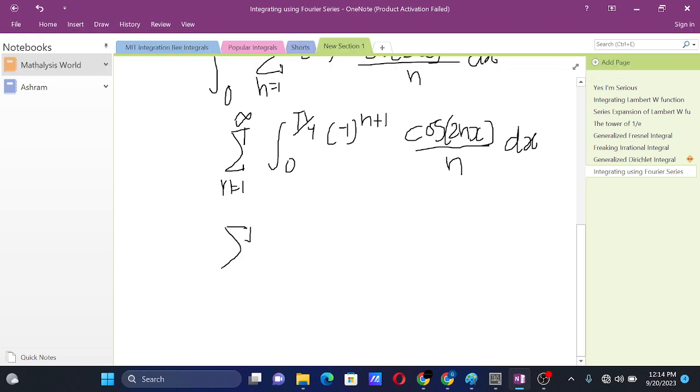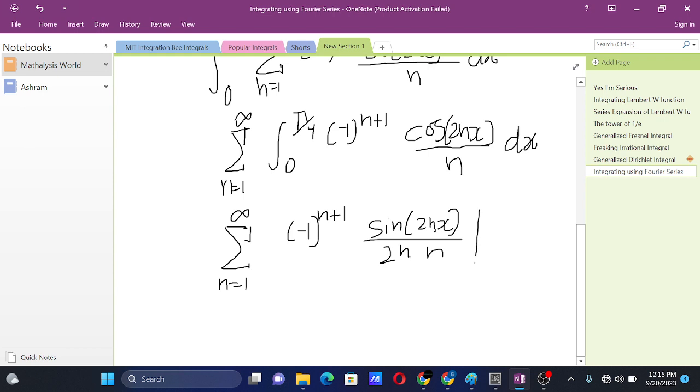Summation from n equals 1 to infinity, and this negative 1 to the power n plus 1 is constant, and here we have sine 2nx by 2n times n, integrating from 0 to pi by 4.